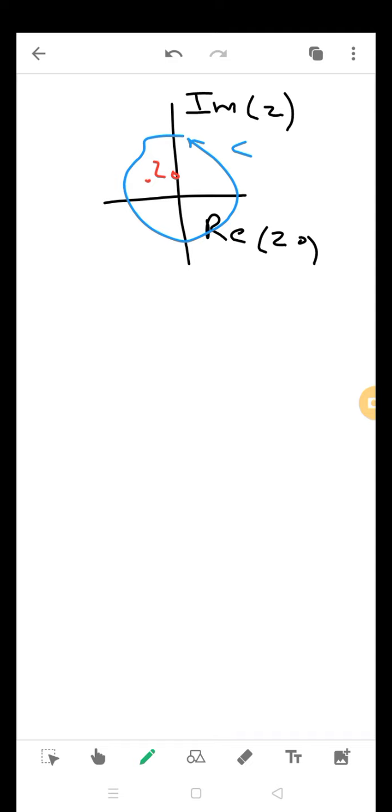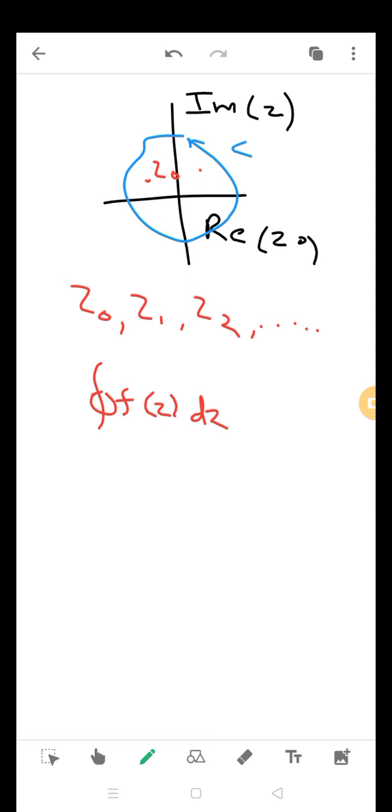It may so happen that there are multiple singularities, apart from z0 there can be z1, z2, etc. Now any integration inside this contour will be expressed as the sum of all the residues corresponding to the singular points, multiplied by 2 pi i. This will give you the value of the integral.